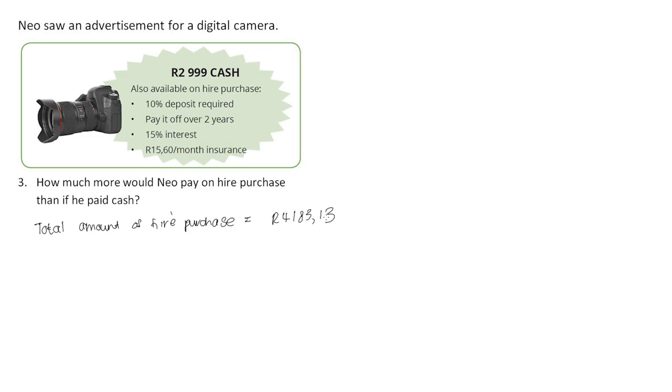In order to find out how much more he would pay on hire purchase than if he paid cash, we simply take the difference of this amount minus the cash price, which was given as 2,999 Rand.